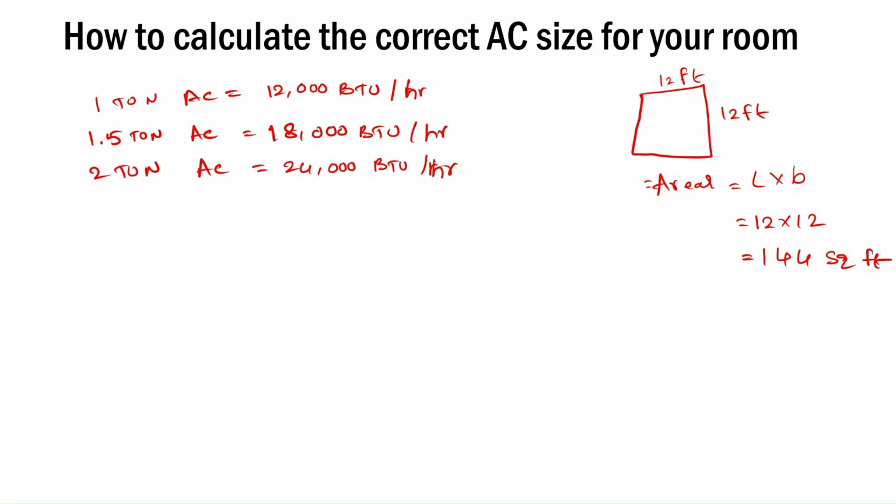A common rule is that each square foot requires approximately 120 BTU of cooling.